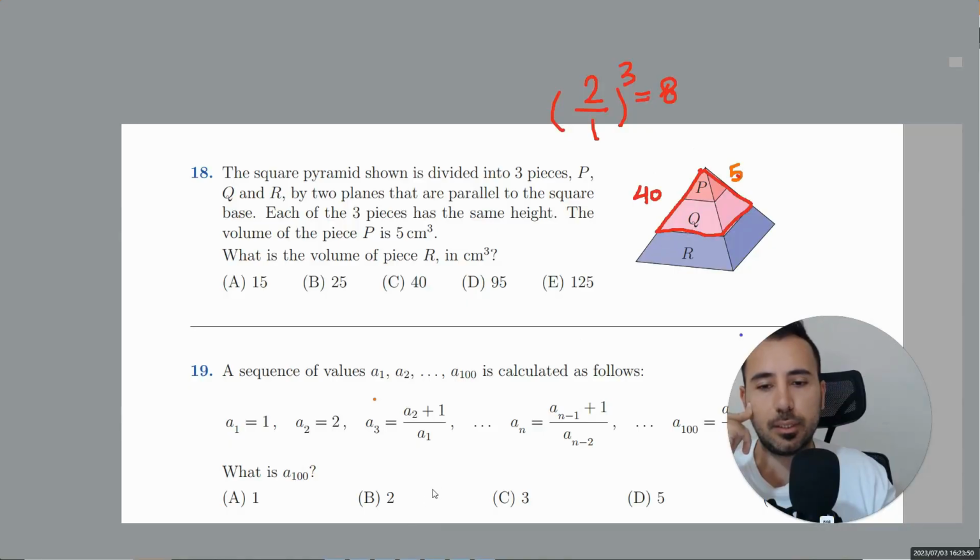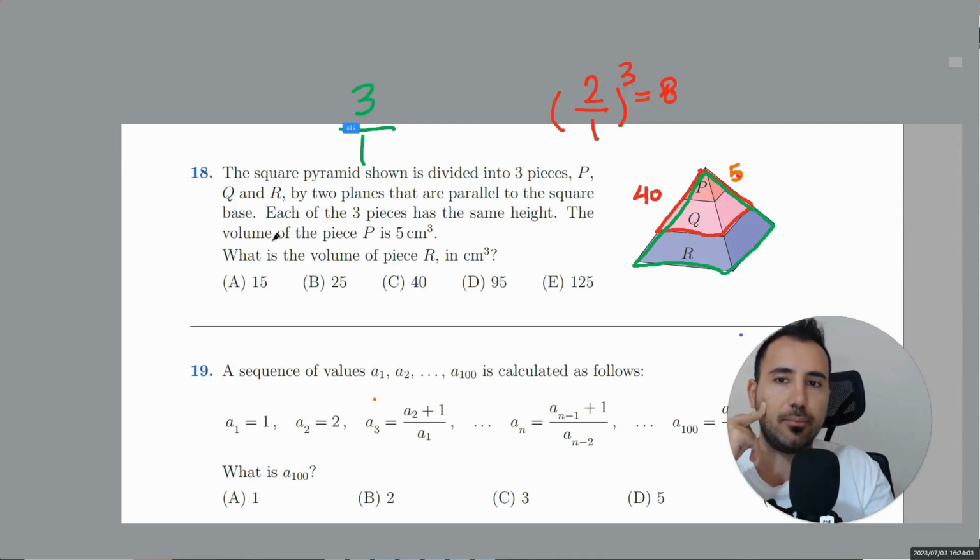Now let's go with the largest one. I'm going to go with this larger one. The same formula. The ratio of this with P, R over P, is 3/1. Because we're dealing with a volume, we're going to put 3.